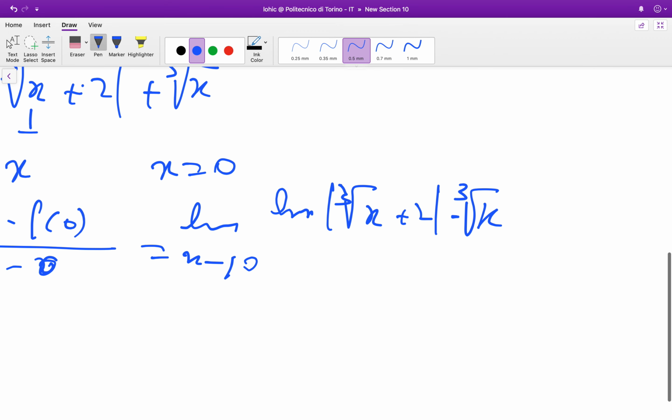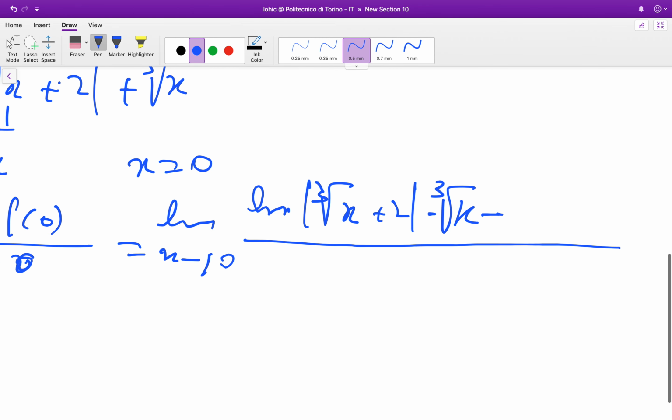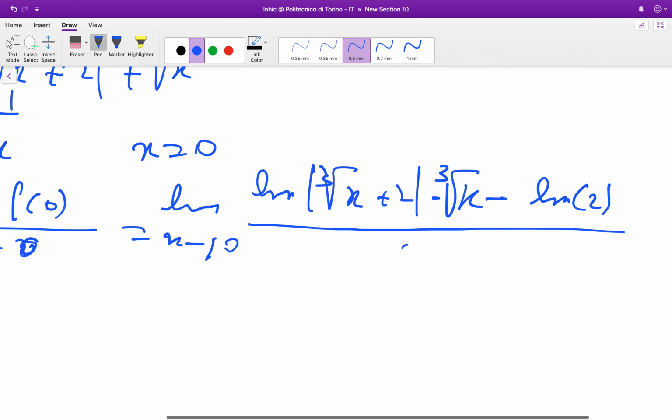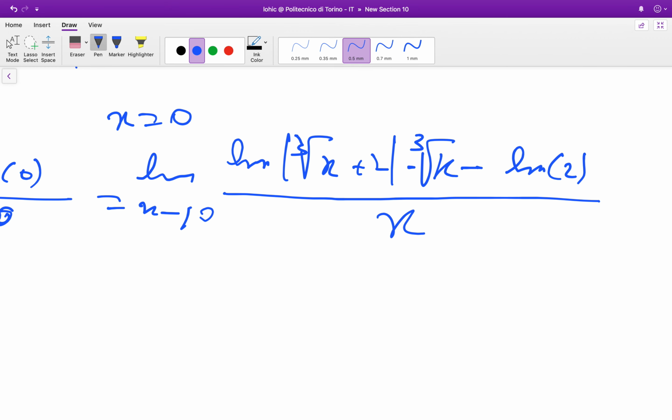F of 0 means that I should put 0 in the function. If I put 0 in this function, I get the logarithm of 2. So it will be minus the log of 2, divided by x, right? We need to find this limit.